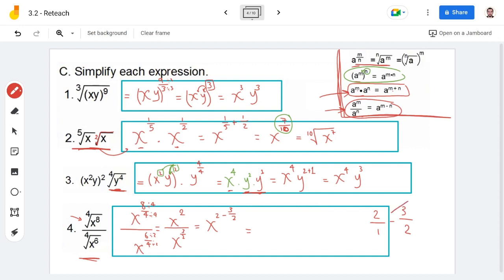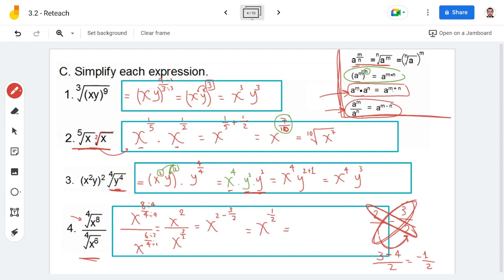Use the cross multiply like this. First of all, 3 times 1 is equal to 3, minus 2 times 2 is equal to 4, over 1 times 2 is equal to 2. So 3 minus 4 is equal to negative 1 over 2, which is negative half. So now my power is equal to negative half.